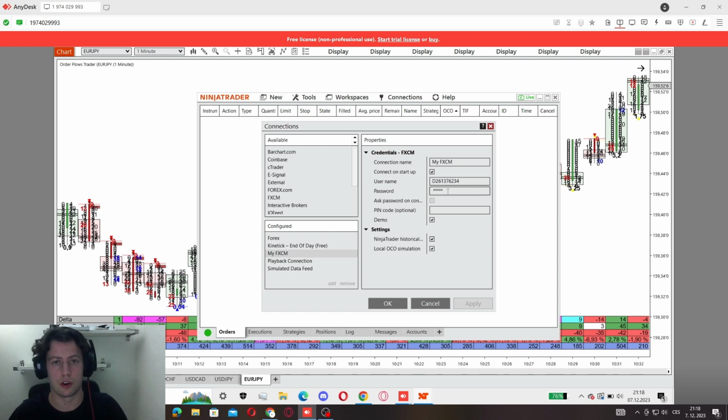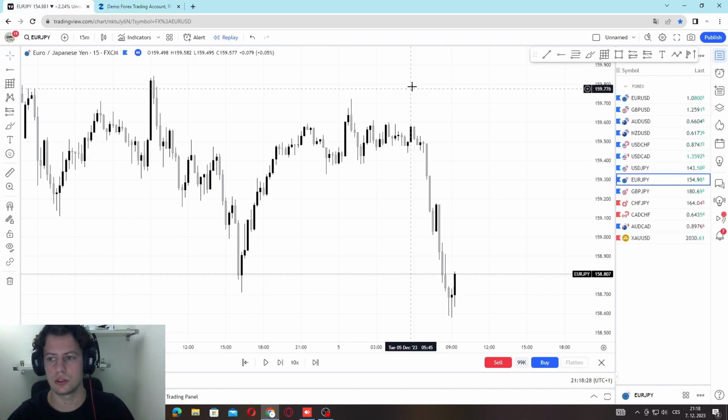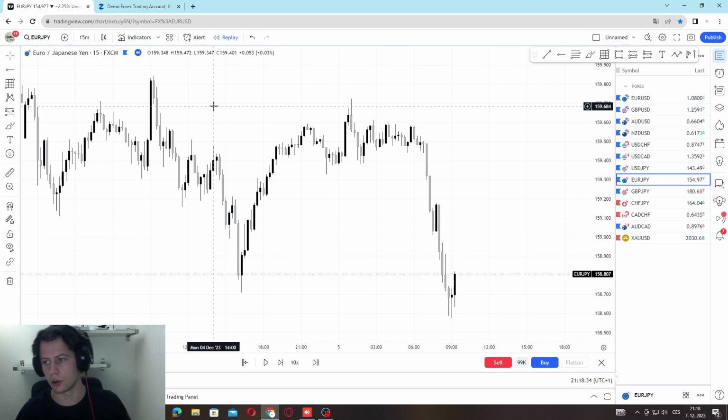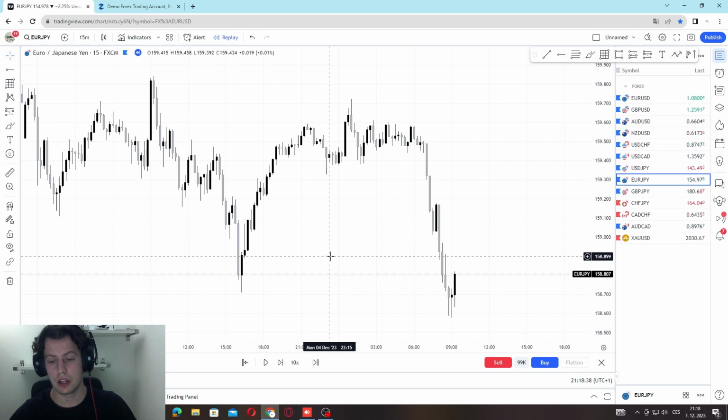It should work for 30 days, and after that you have to do this process again. I personally use FXCM because it's quite similar to what I also use on TradingView, so I want to have it connected. So yes, this is the first point.